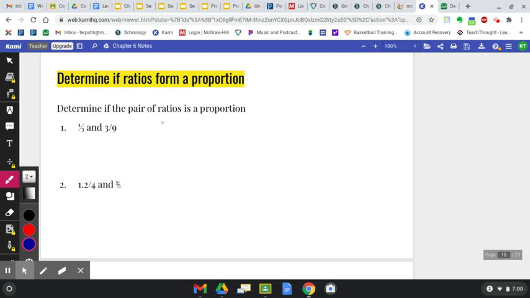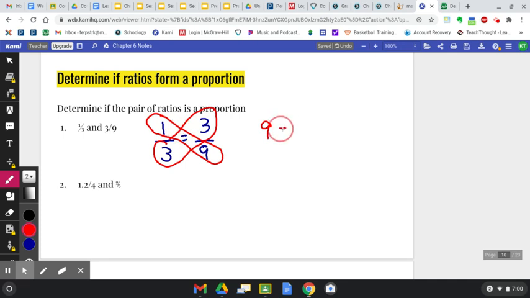So that's still an option, but we can also test, are the cross products equal? If I multiply 1 times 9 and the other cross product 3 times 3, are they both 9? So yes, that is a proportion.